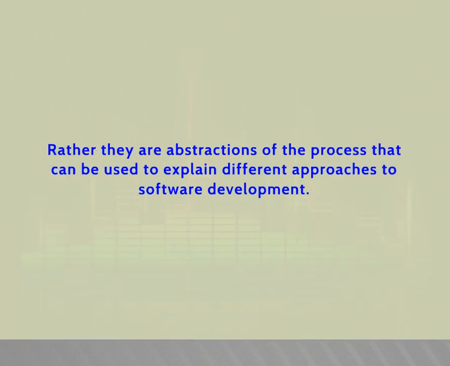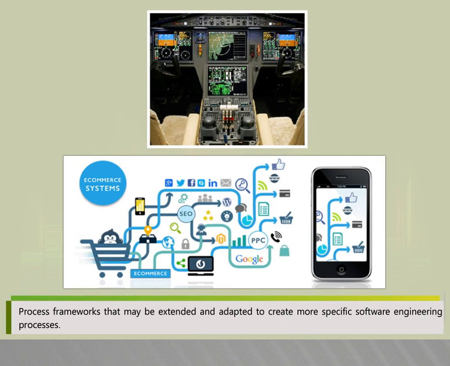Rather, they are abstractions of the process that can be used to explain different approaches to software development. They are process frameworks that may be extended and adapted to create more specific software engineering processes.